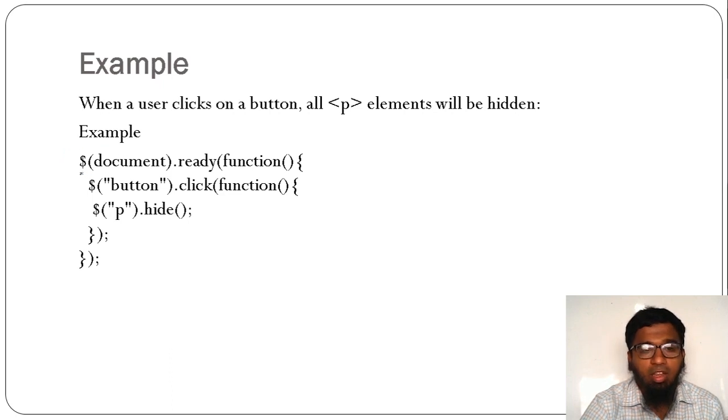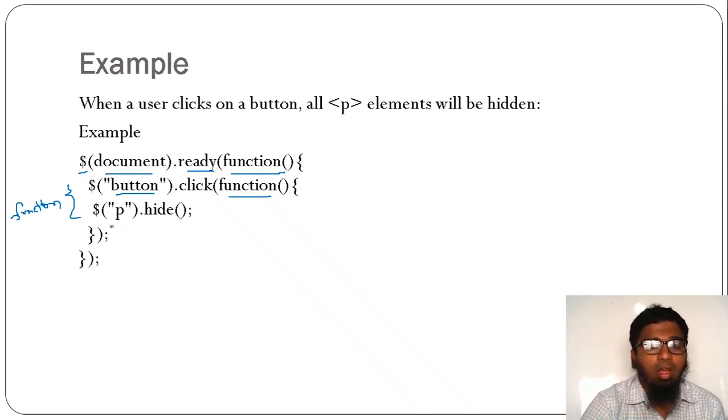So here we are writing the $document.ready function, and inside it a function for $button. Wherever the button is in the HTML, when I click on that, the function runs, and all the P's on your page will be hidden with this scripting language.